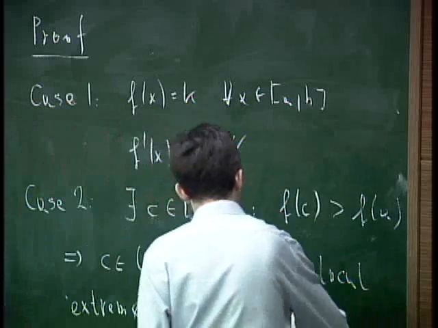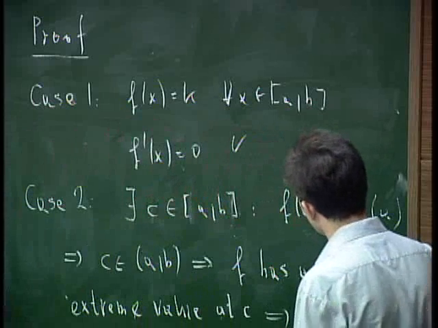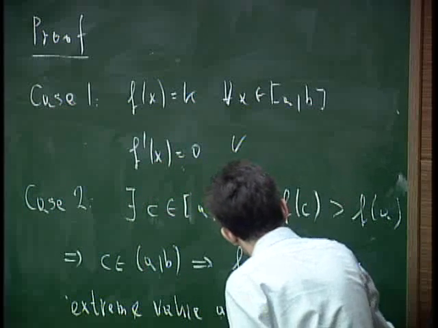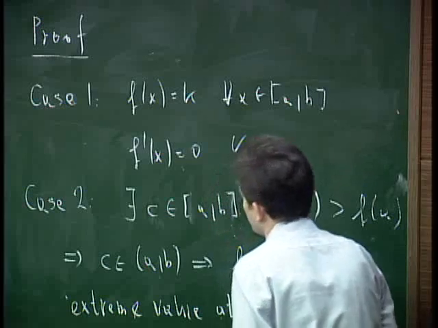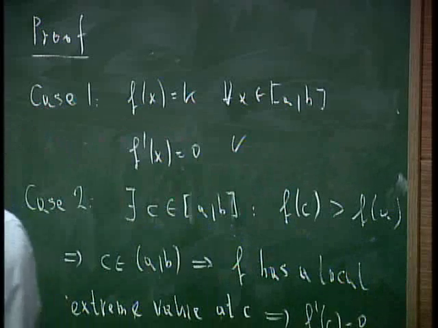So from this, now we can use Fermat's theorem, so we know that the derivative of f at C must be equal to 0. And this is our C here.